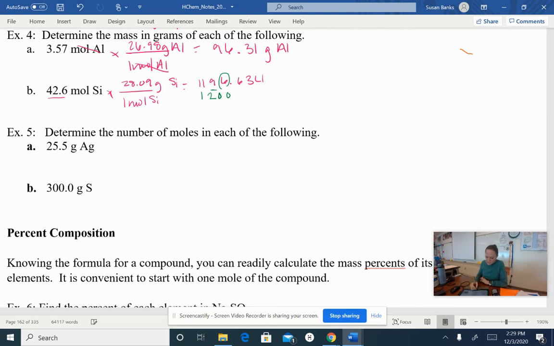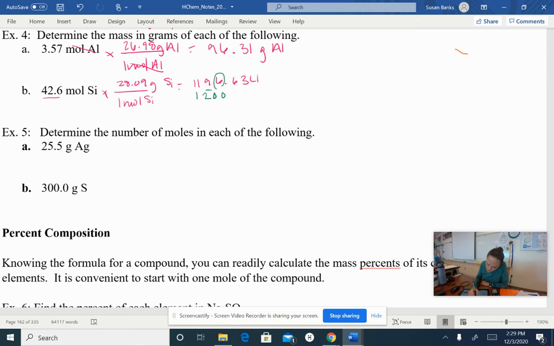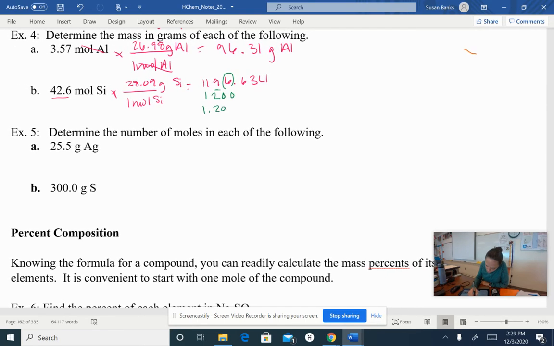I'm going to have to use scientific notation. So to do that, I'm going to do 1.20 times 10 to the 3 grams of silicon. Notice that I have that decimal point in there, and any zero after the non-zero numbers in a number that has a decimal point is significant. So that gives me my 3 sig figs right there.